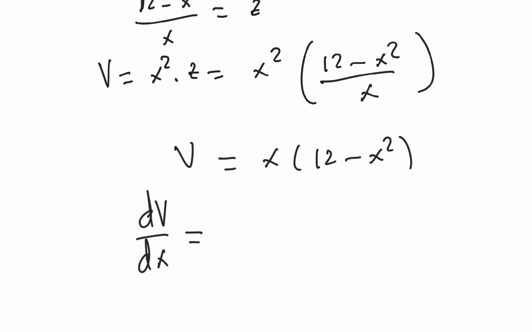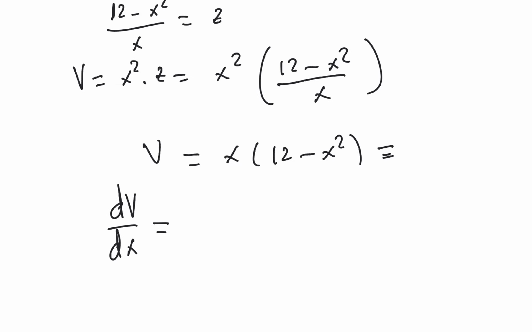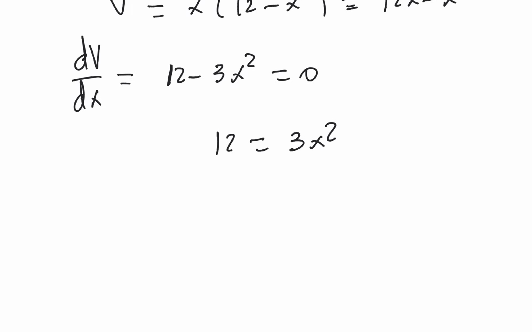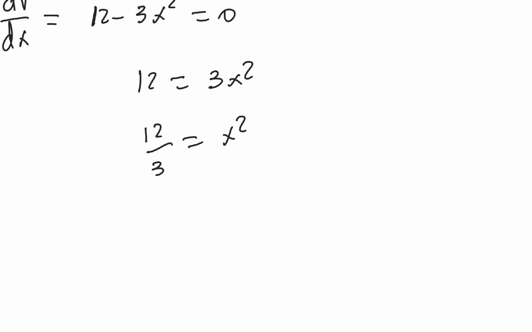I can write it as 12x minus x cubed, so the derivative of the volume with respect to x will be 12 minus 3x squared. And I want this to be 0. So I want 12 divided by 3 to be x squared, so x squared is 4, or x equal to 2.